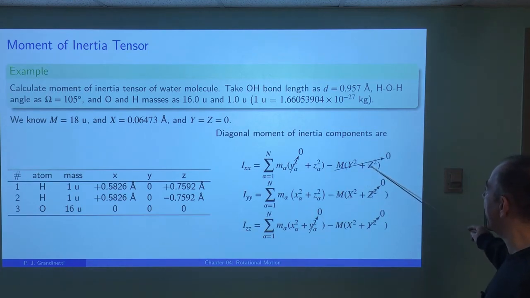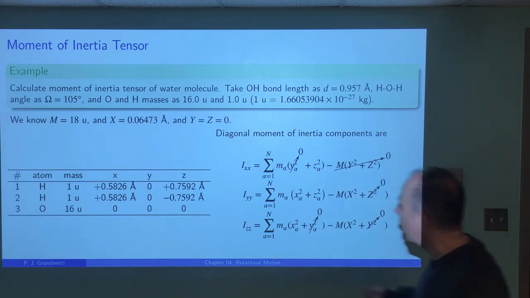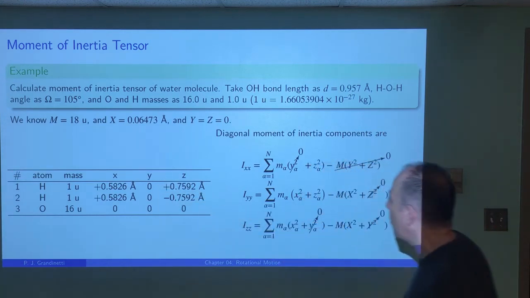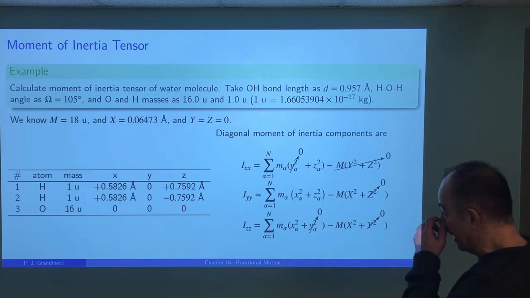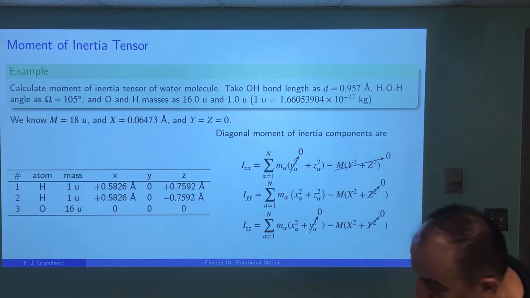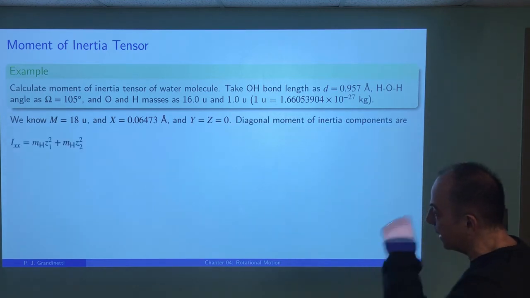So that means this term I won't have to worry about. This one and this one are going to be gone too. And since it's in the xz plane, all these y components aren't going to be needed when I do the calculation. So let's take this simplification and go on and do the calculation.